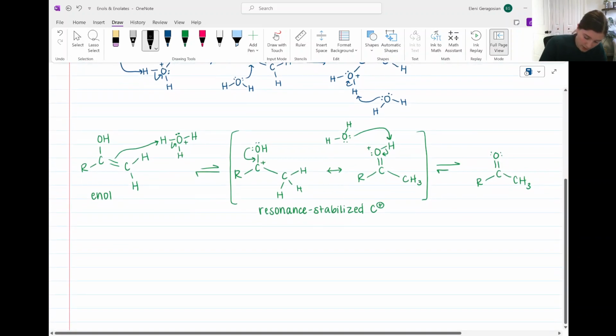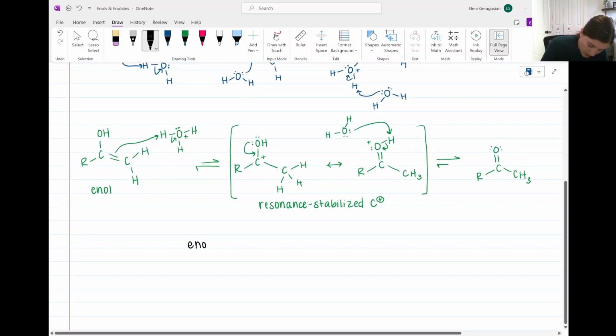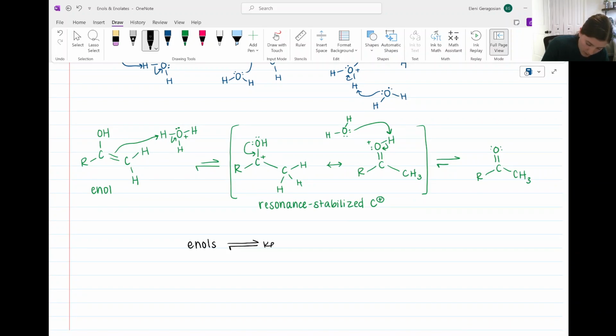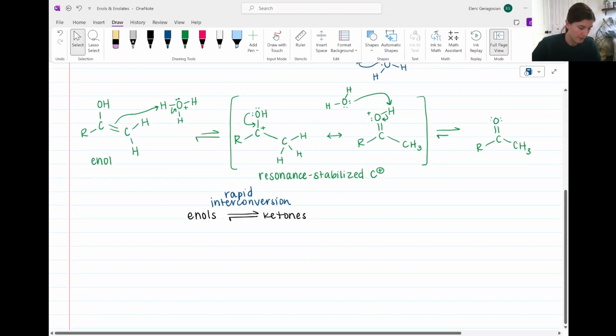And so enols and ketones rapidly interconvert in general. So enols and ketones, we have rapid interconversion. So let's define, we said in the last video that enols and ketones are tautomers. Let's define what that means.